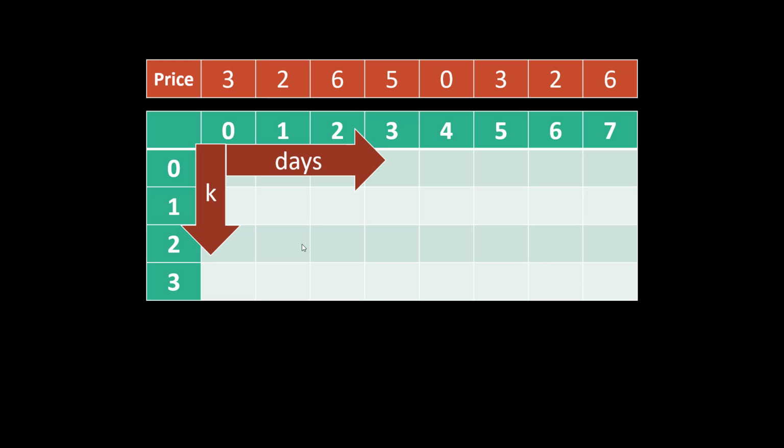So let's go ahead. Here is a DP array wherein the rows represent the number of transactions that we can perform and the columns represent the days at which this transaction is happening. So we have a DP array of rows representing k and the columns representing days.